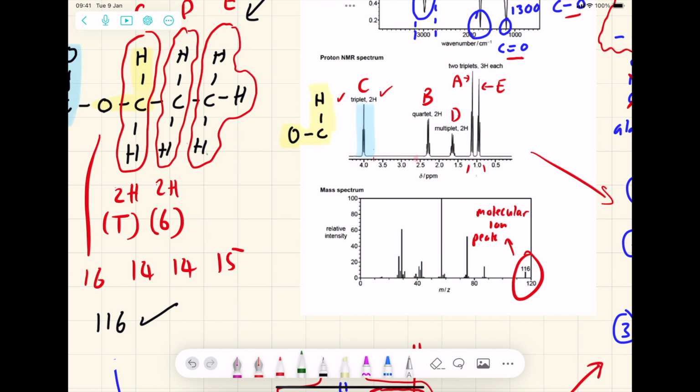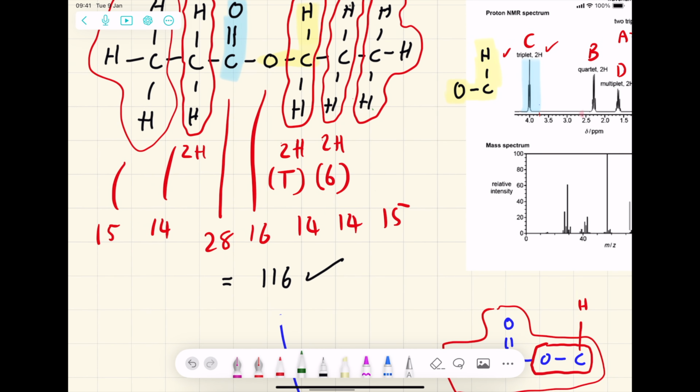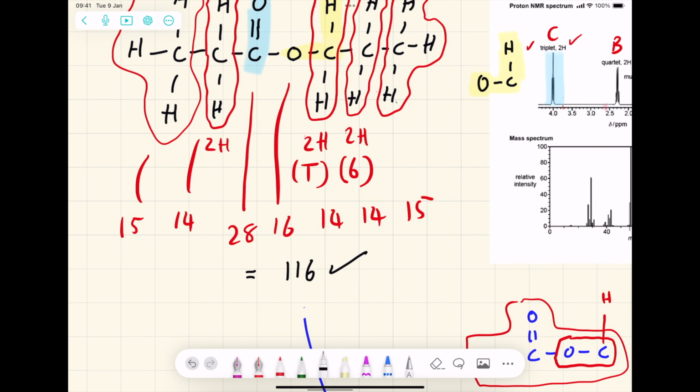And I will say this, for really difficult questions, there may be a certain amount of trial and error involved. And that's okay. Put the pieces together, make sure they add up, like this here, that they actually come to the final RFM. And then once you're happy with your drawing, circle the environments, match them to the NMR, and then you'll know whether you got it correct or not.